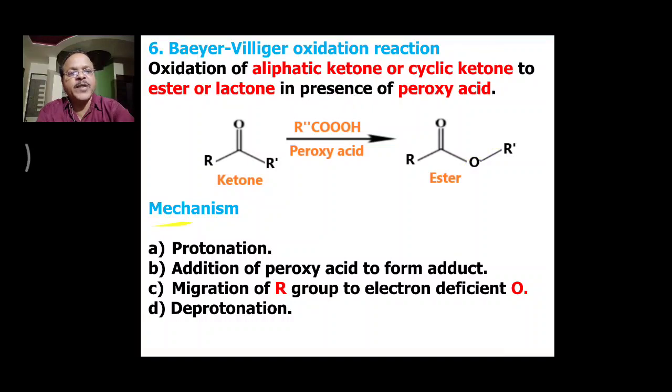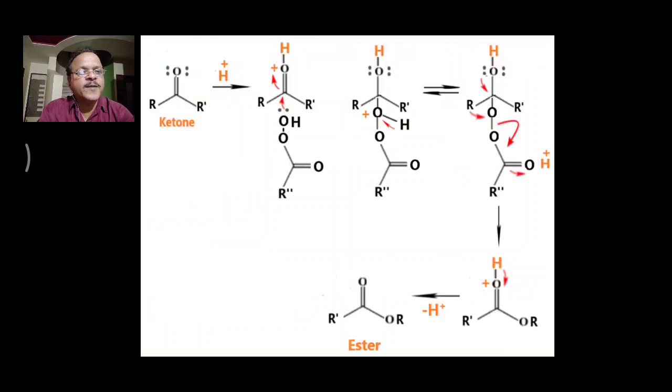Now let us see the mechanism of this reaction. The mechanism involves 4 steps. The first step is protonation. The second is addition of peroxy acid to form an adduct. The third step is migration of the alkyl group to the electron deficient oxygen, and the last step, step number 4, is deprotonation. So these are the 4 steps. Now let us see all these steps together.